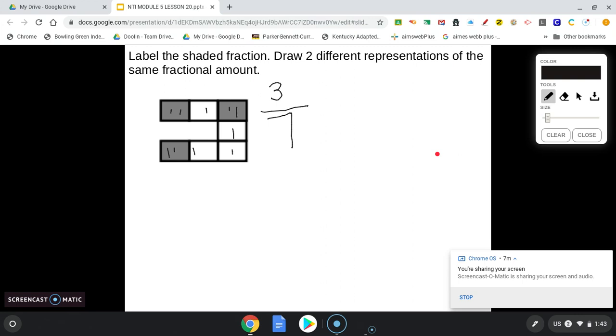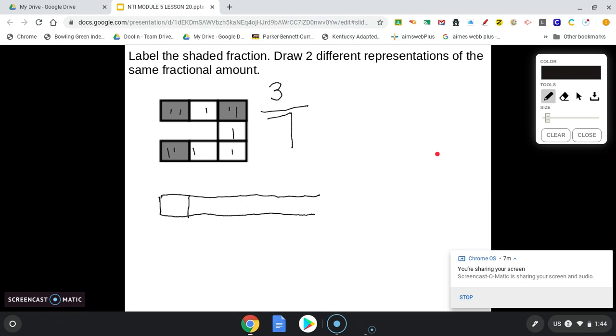Now what we're going to do is draw another representation of the same fractional amount. Remember, the units have to be the same size, and we're going to make them the same shape, but the entire polygon can be a different shape. So I'm going to start out, and I'm going to make my representation.